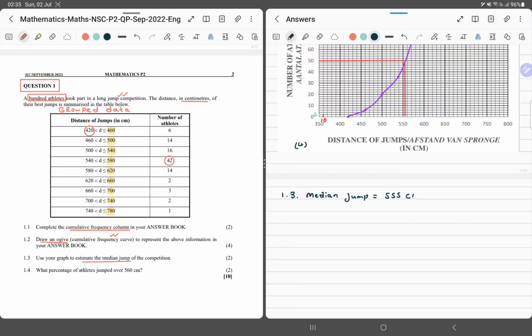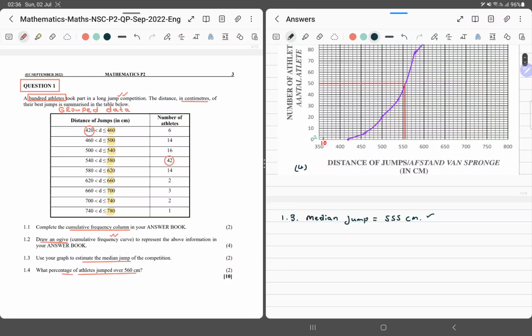Of course, you will be given a range here so that you get it right, because it's all about how accurate the graph is. Okay, now it tells us what percentage of athletes jumped over 560. So we just have to look for 560. 560 is over here. We take it to the ogive as well, so we've got to intersect the graph.